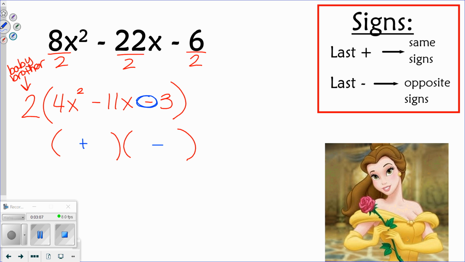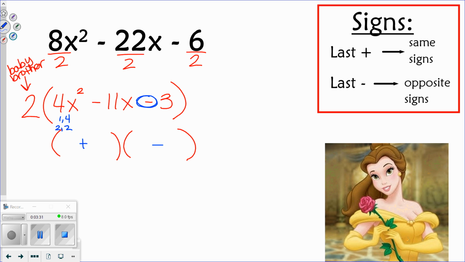Again, I put it on here: if your last one's positive or negative. Last one's negative, opposite, meaning one's plus, one's minus. Okay? All right, and then we listed our factors for A. Baby brother, he's there, but I'm ignoring him. We don't care for our younger siblings. I'm ignoring him. So options for A, we're going to have 1 and 4 or 2 and 2.